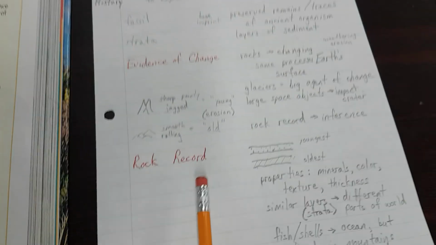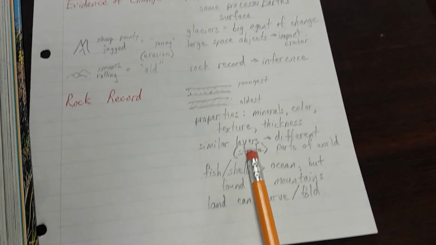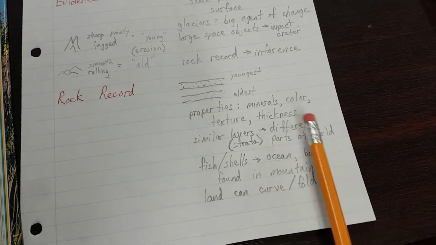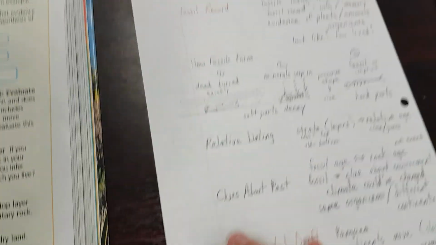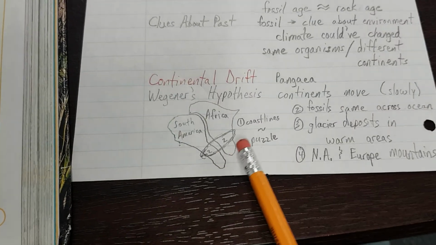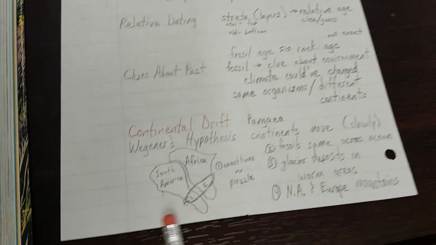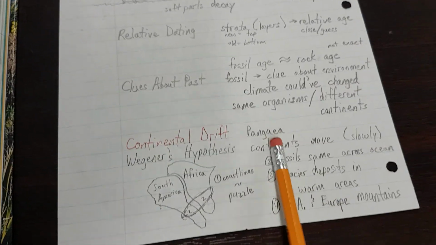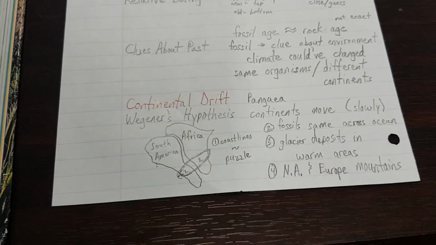So, looking at the rock record and realizing that some layers or some strata are the same, even though they're in different parts of the world, and you're finding fish and shells in the mountains, and then the fossil record is showing that there are the same fossils in different parts of the world, and then seeing that climate can change is leading people to believe that maybe things were closer together in Pangaea in ancient history long ago, and that they've been moving apart or drifting apart.